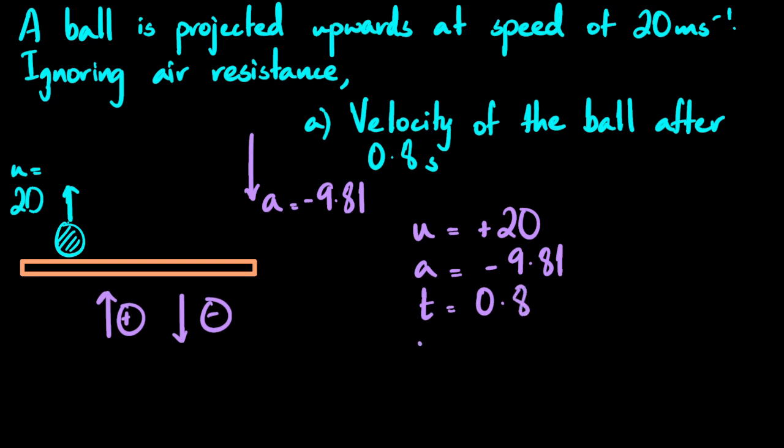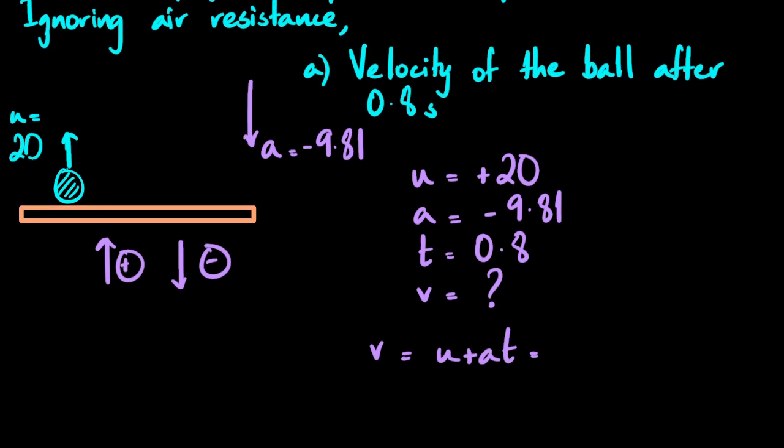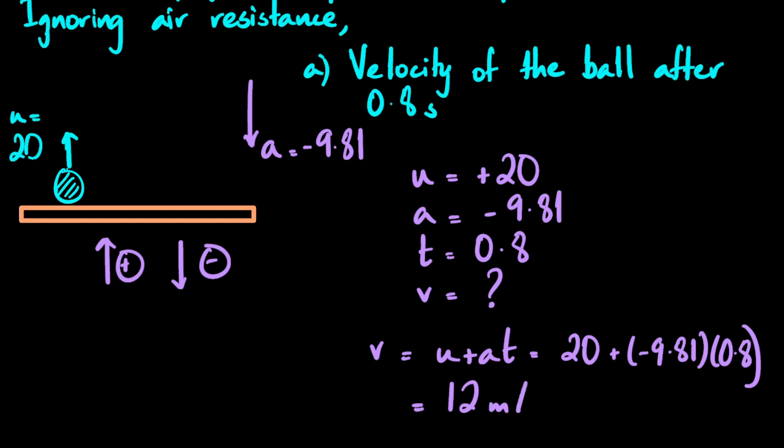So my time is 0.8 and I need to find v. v equals u plus at. So u is 20, a is negative 9.81, and the time is 0.8. This value for v turns out to be 12 meters per second.